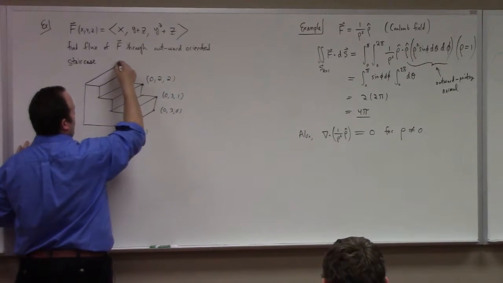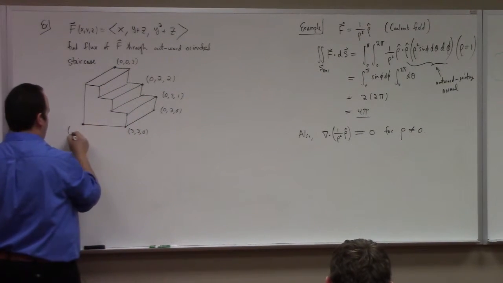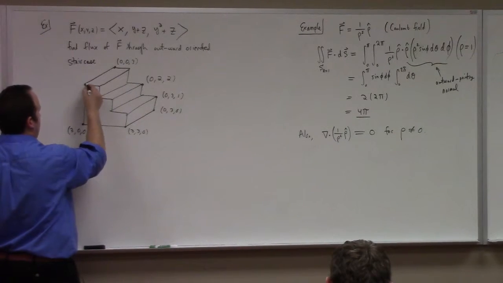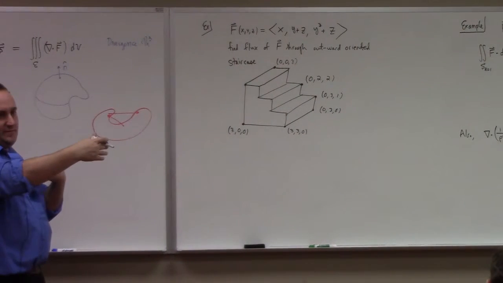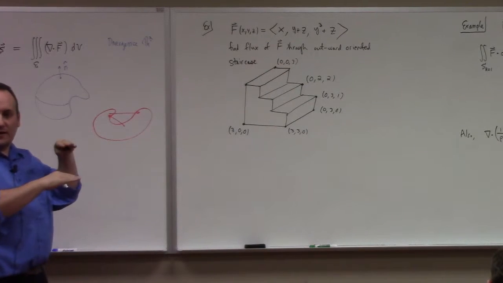This point up here, 0, 0, 3, 3, 0. You get the idea? So basically, I'm describing a staircase that is 3 units, a width of 3, and each step is 1 unit deep and 1 unit high.